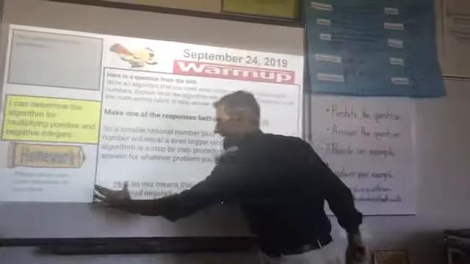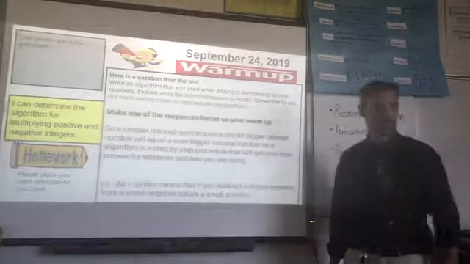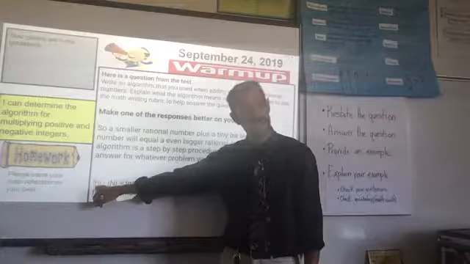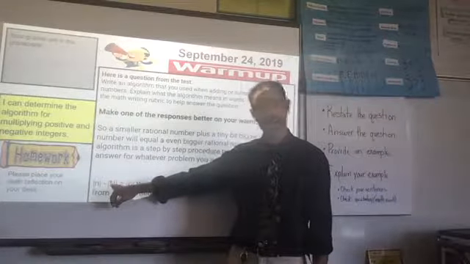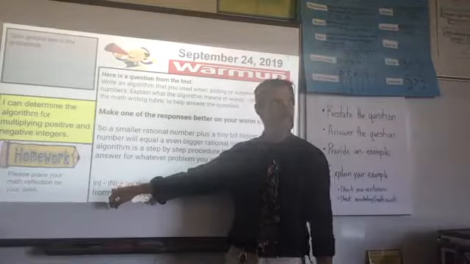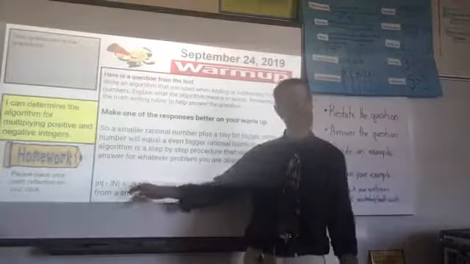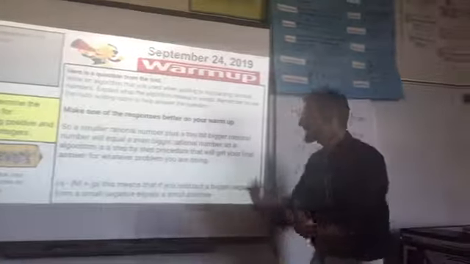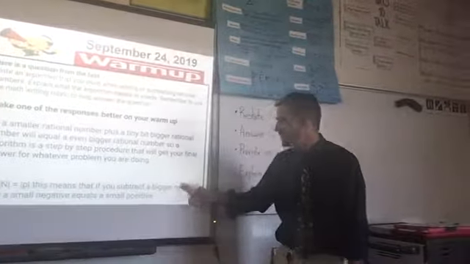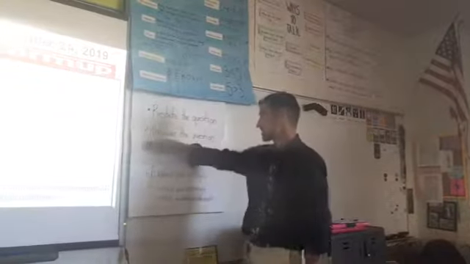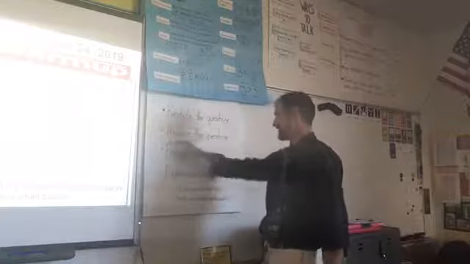Here's an algorithm. Is the algorithm correct? Yeah. If I have an absolute value negative that's small, and I subtract an absolute value negative big, subtracting a negative is like? Adding a positive. So it's like adding a positive. So yeah, I'm going to end up with a small positive. So this makes sense. And they explained it. So yeah, they answered the question. They didn't restate it. They answered it.